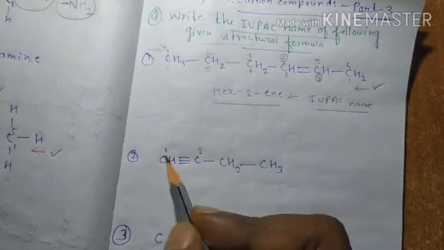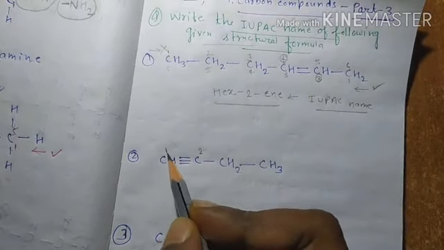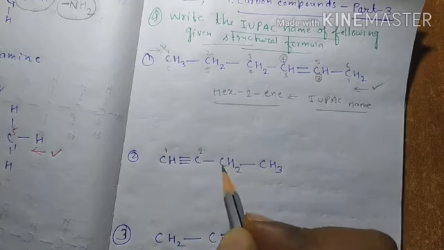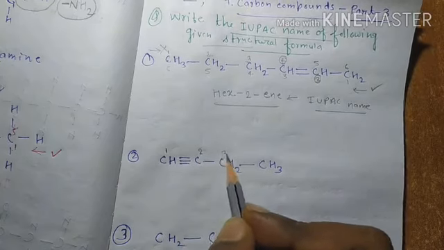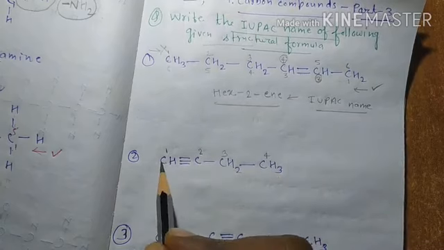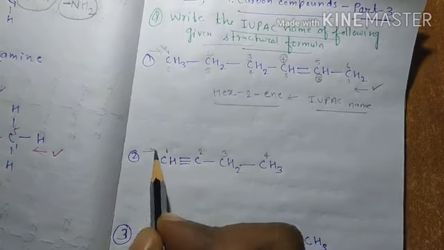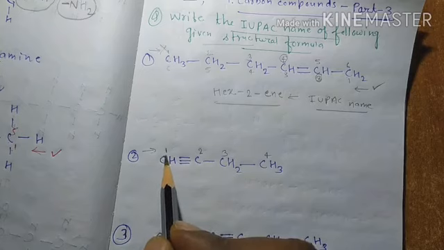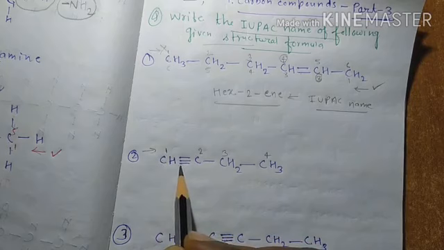Okay, to this carbon I am giving number 1, this 2, this carbon number 3, this carbon number 4. So see, if we number from left to right, after the first carbon atom there is a triple bond.